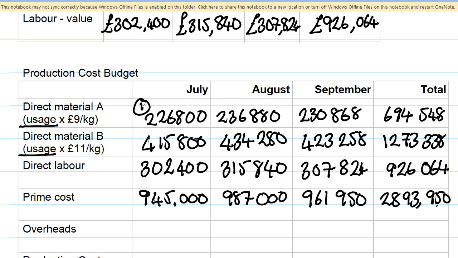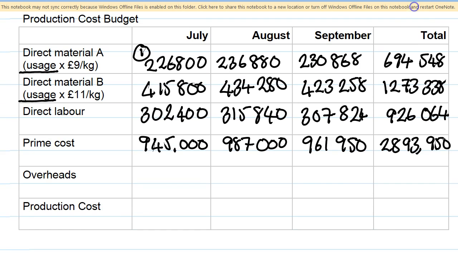Our overheads were quite straightforward in the question, £10 per unit. We know our units, so our overheads are going to be, for July, our units that we're going to make are 12,600 multiplied by £10, £126,000. So our units multiplied by £10.